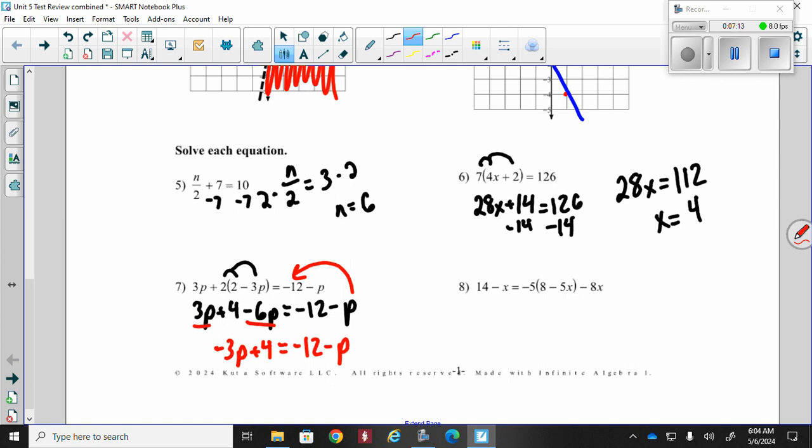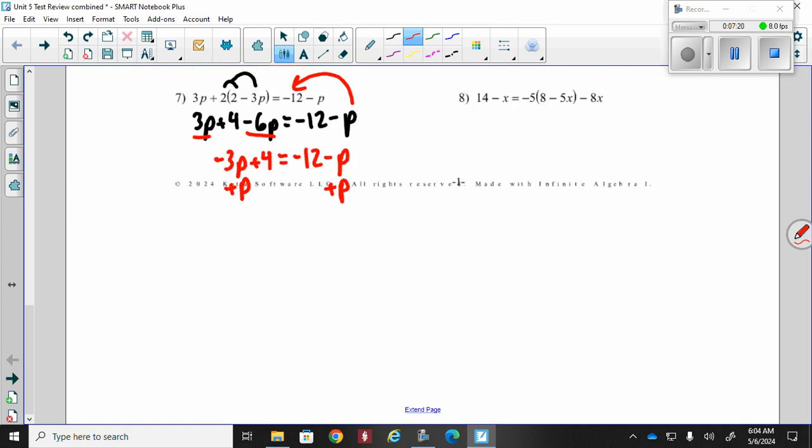All right, and now I'm going to move this p over to the left-hand side because that's where I like all my variables. Now I got to move this 4 out of the way. So -2p is equal to -16. P is equal to +8.